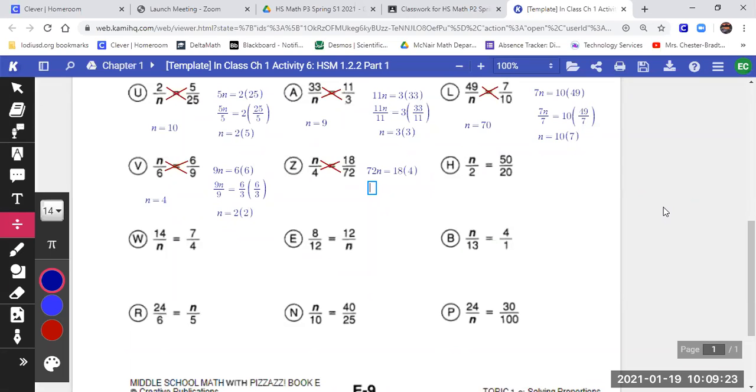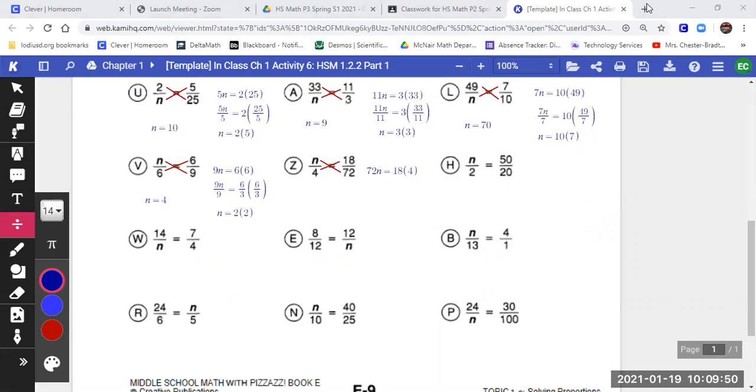Yep, 72n divided by 72. Now, does 72 go into 18? No. Does 72 go into 4? No. So we have to break 72 into parts so that one piece can divide the 18 and the other piece divides the 4.